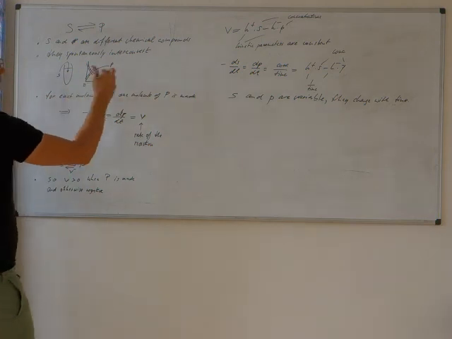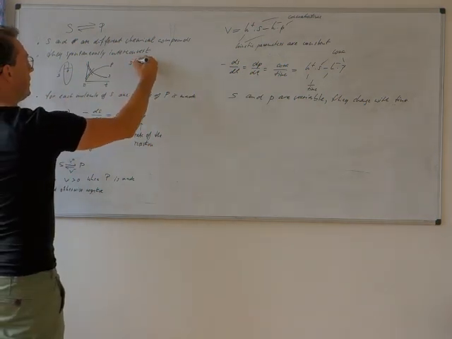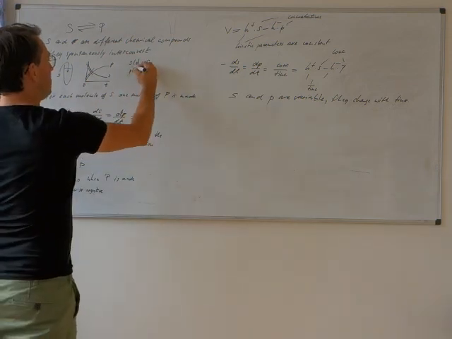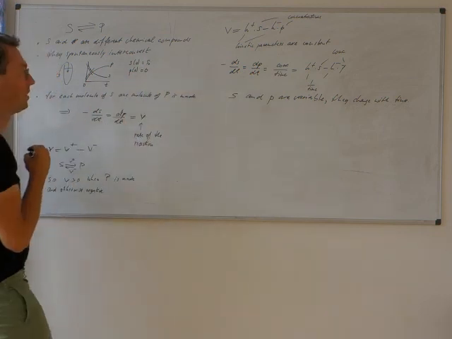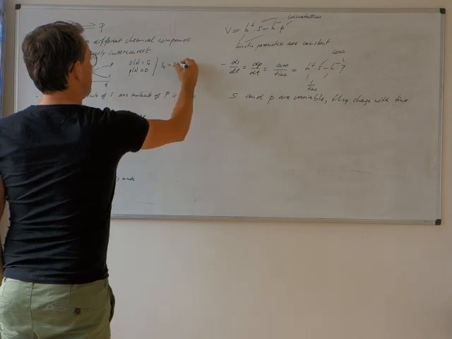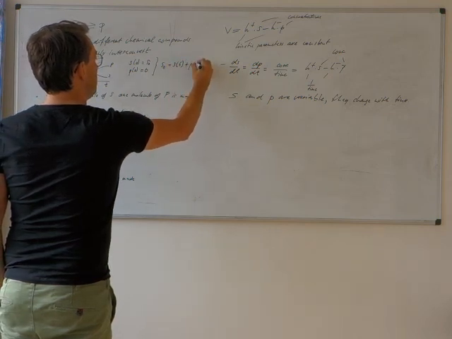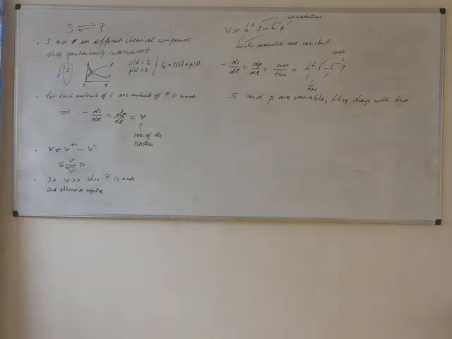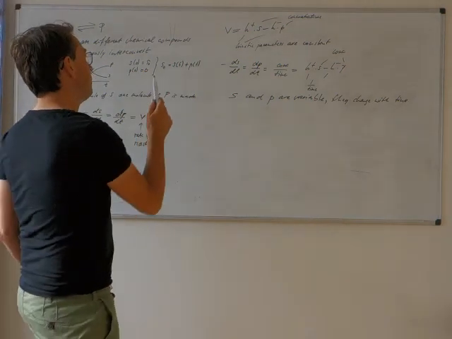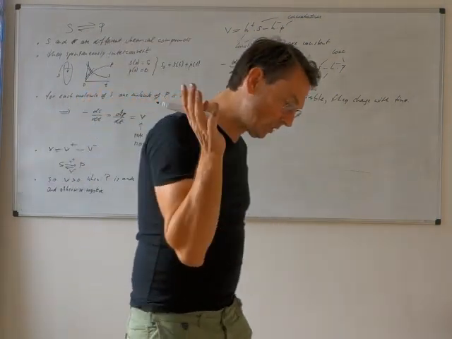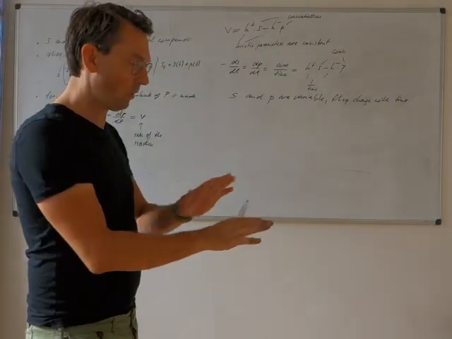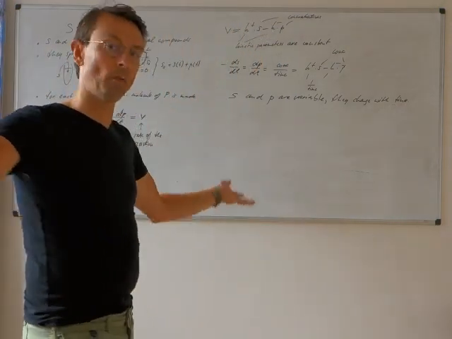If I add S0 at time 0, but at time 0 I added no P, then I know for all future times the sum of the concentrations of S and P is going to be equal to the amount of S that I started with, because for every molecule of S that I lose, I gain a P. So if I start with 100 molecules of S, the total number of molecules in the test tube will always remain 100.